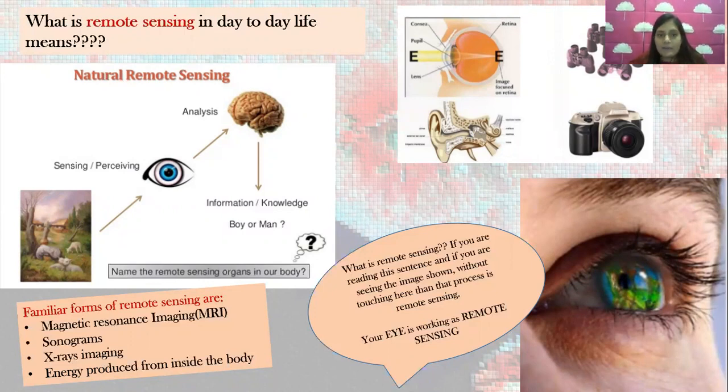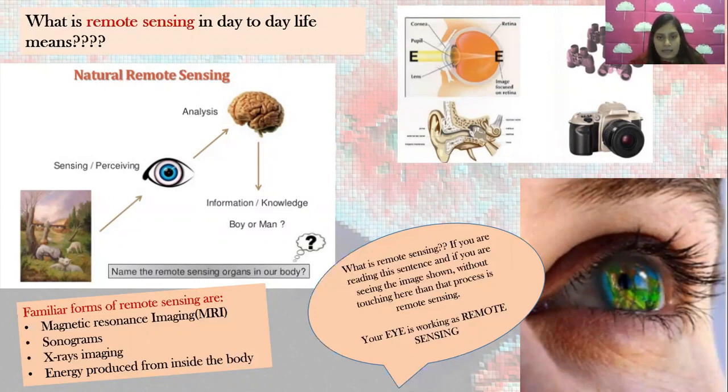Let us take the example of X-ray. X-ray gives us information about the inside of the body. Rays are sent into the body and we get the image from those rays, and actually we get information about our bones, or any damage in our bones can be known by that imaging.